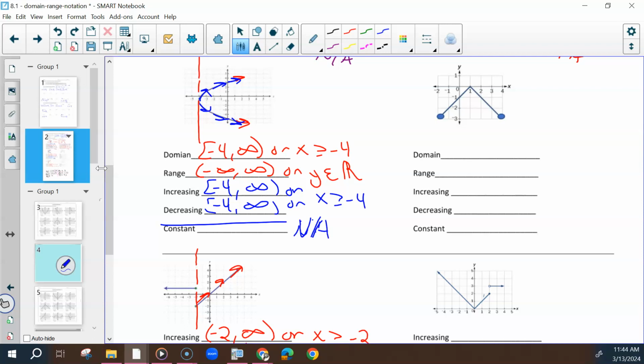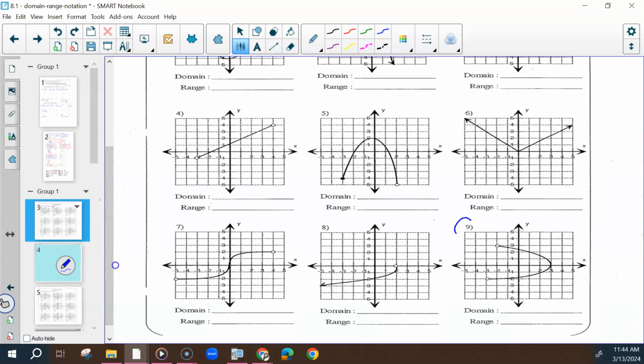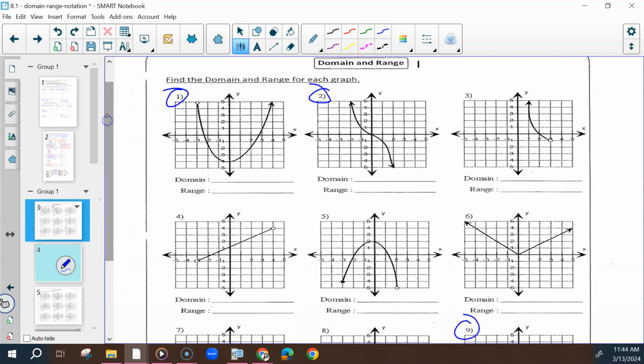I'm going to have you guys try some of these so you can get the hang of writing this in different formats. So on this first page, I want you to try these three: 1, 2, and 9. So first page, 1, 2, and 9.